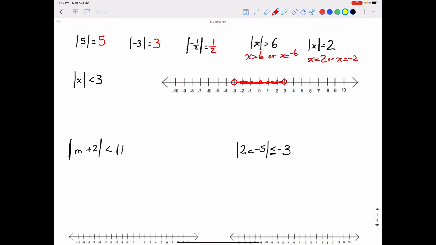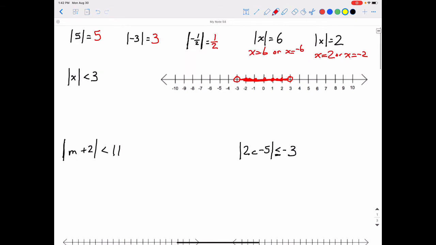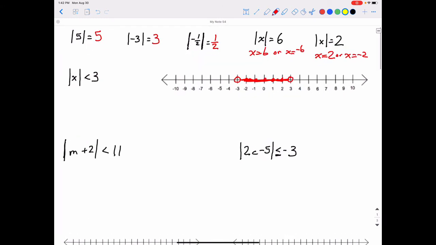This is just to explore exactly why it works. But in order to solve an absolute value inequality, we would rewrite it as two inequalities. We could rewrite it as the absolute value of x. If it was less than 3, that means the x could be less than 3, and it could be greater than -3. In other words, between -3 and 3.